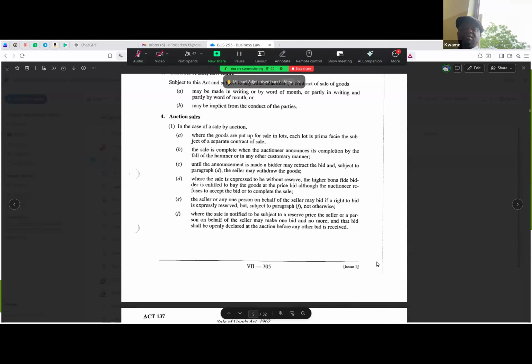Even though it is marked as a lot in the auction, the moment you pay the reserve price, you become a bona fide owner, or you have bought the product with value. So nobody can challenge you and say that the goods you purchased didn't go through auction. You are the rightful owner.